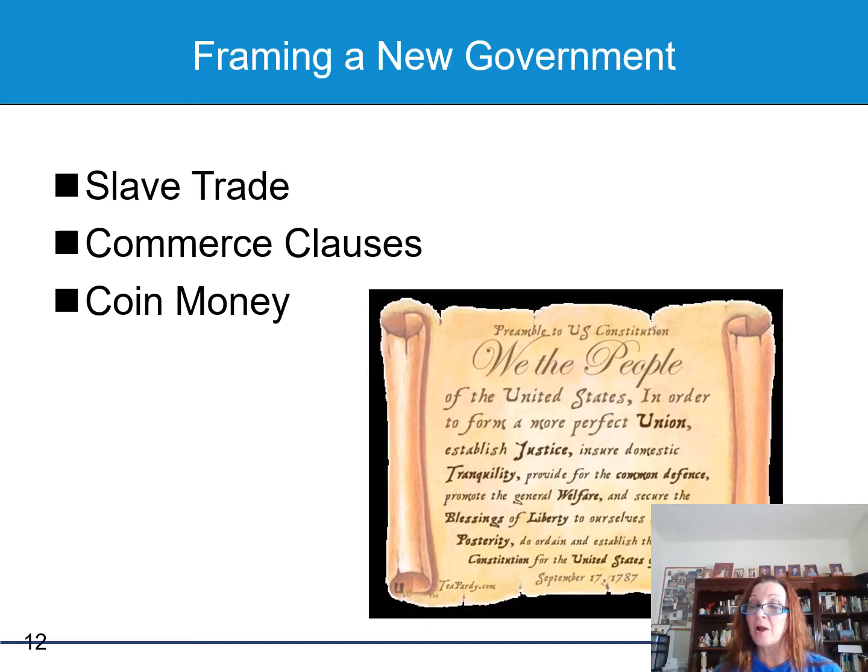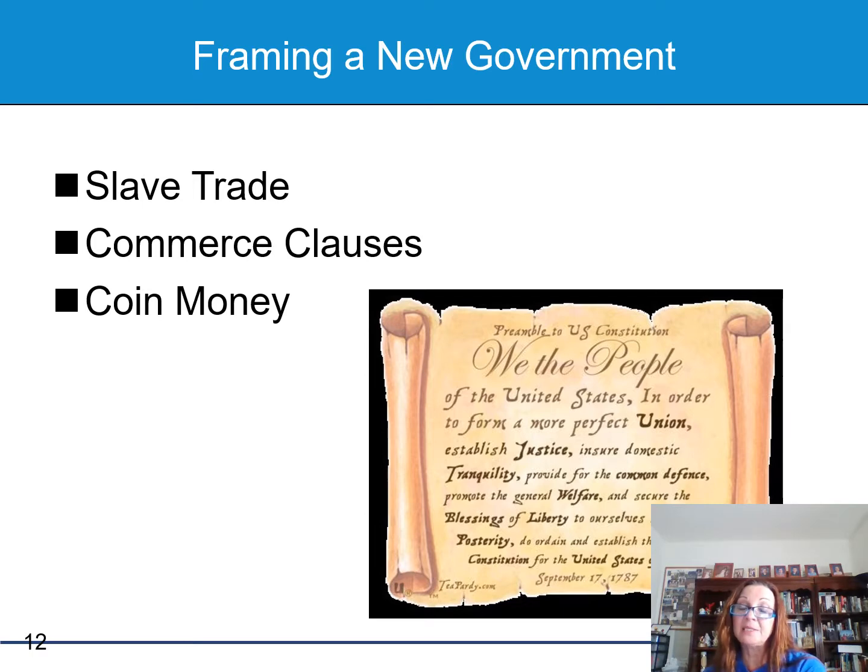So they made another compromise on the slave trade. They said that the international slave trade could continue for 20 years, and then after 20 years they would look at the issue again to see if it needed to continue. And so in 20 years they did relook at the slave trade, and the federal government decided that the international slave trade should be outlawed.